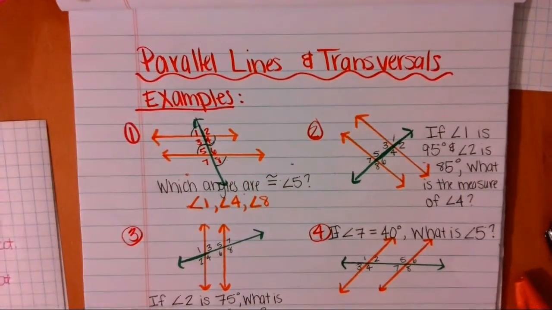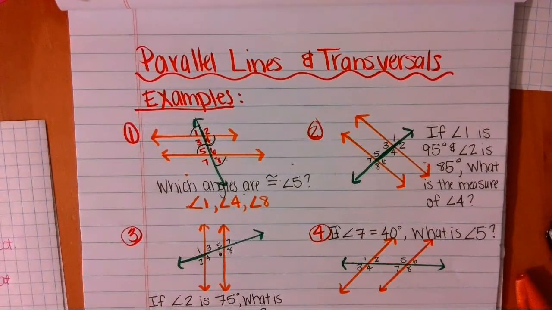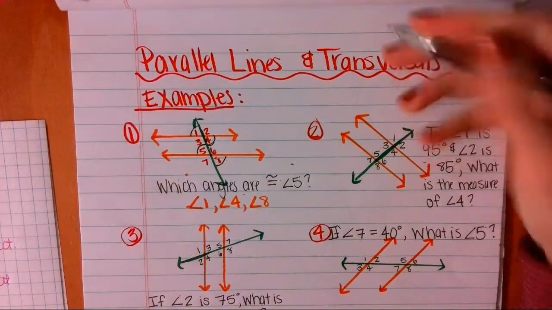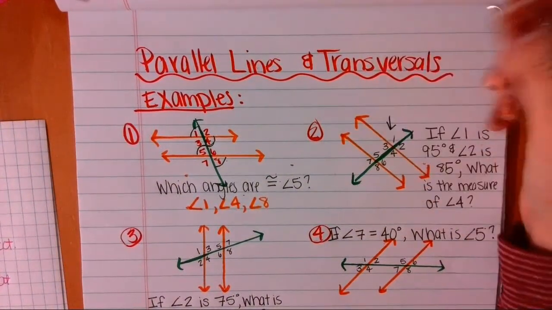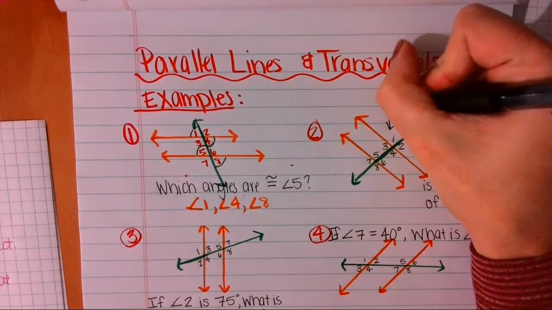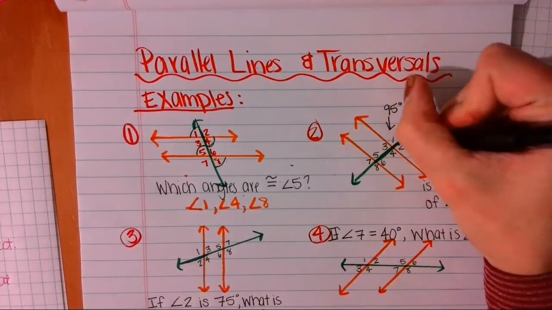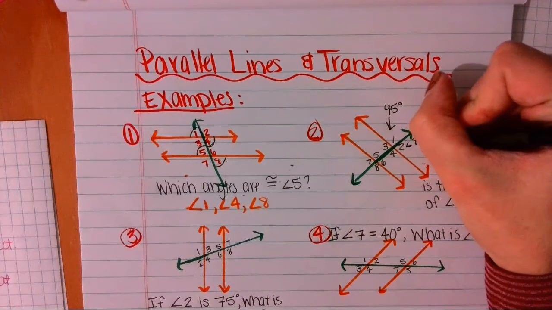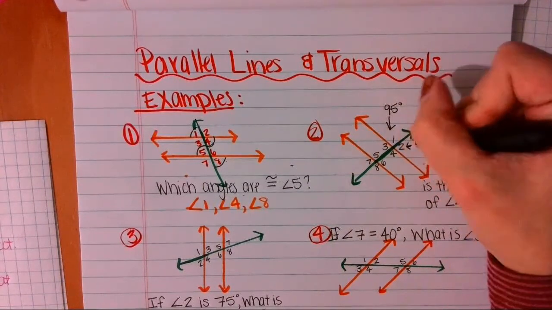Now, question number 2 says, if angle 1 is 95 degrees and angle 2 is 85 degrees, what is the measure of angle 4? There's a couple of different ways we can think about it. You can look at your angle relationships, and say, well, this one they just told us is 95 degrees, and this one they just told us is 85 degrees.